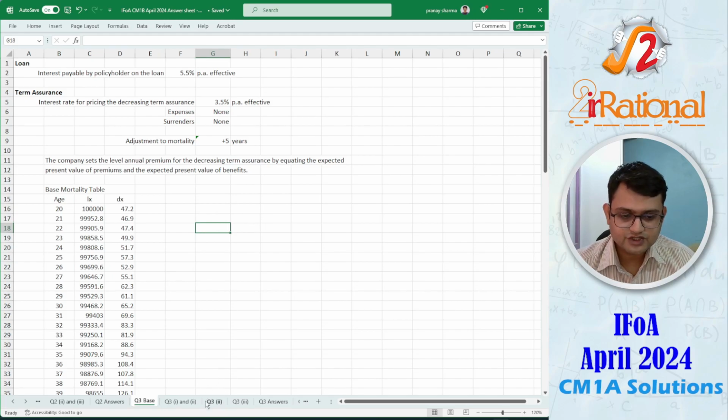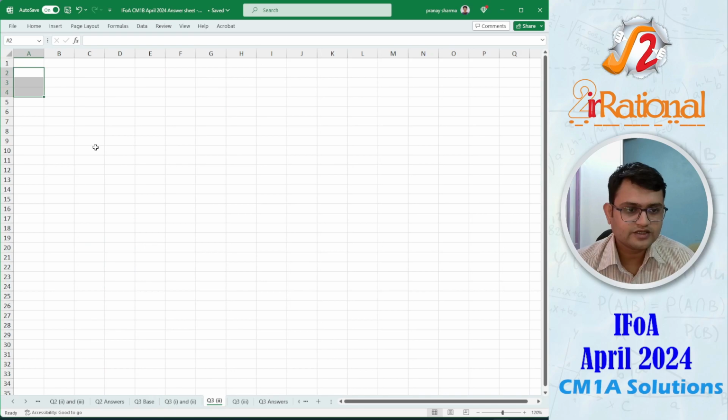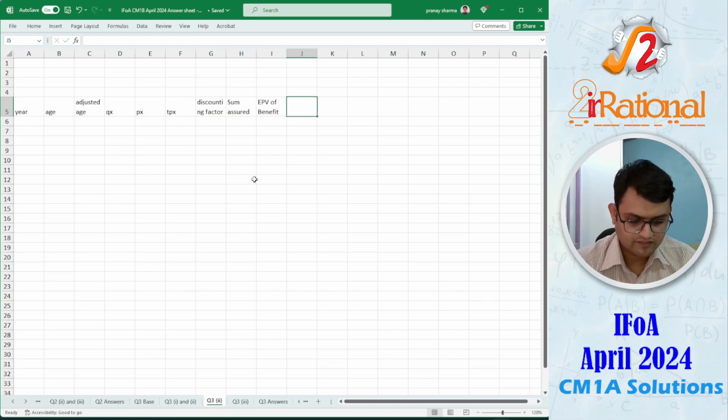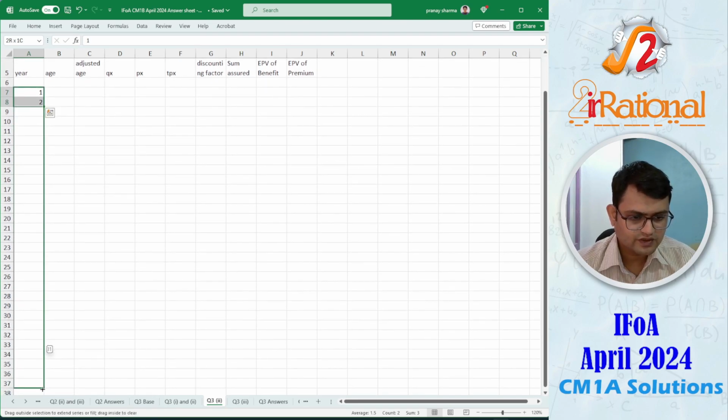We'll solve it in this question 3, second part. Let's make the table for it. So we have a 30 year policy.